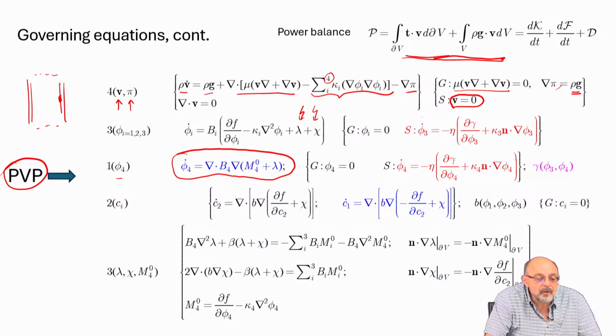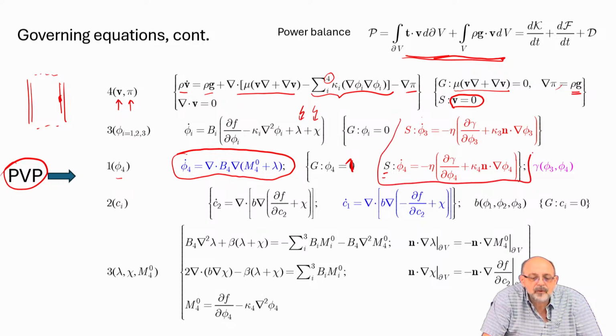Now boundary conditions on gas boundary, my computational cells, I cut through gas. I can do that. Those phis are zero. Sorry, phi4 is 1. This is a mistake, sorry. It's 1, not 0. But on solid boundary, for phi3 and phi4, I have this diffusive boundary condition.